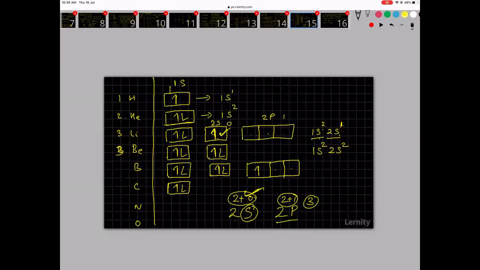After filling that, it will fill this up, and after filling this up, it goes here. Now here it can go to any one of them, but the convention is to write it first and the convention is to use anti-clockwise.